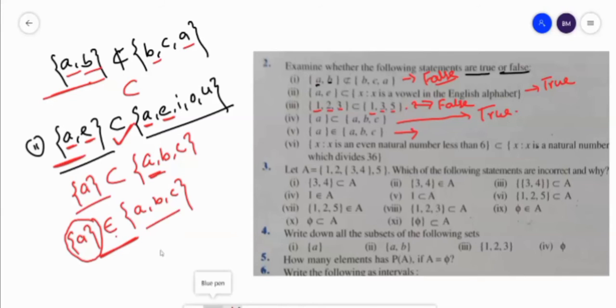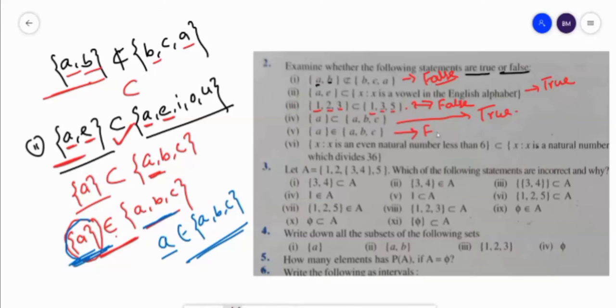If we write A belongs to {A, B, C}, then it is correct. But it is given the singleton set {A} belongs to this set, and there is no singleton set in this collection. This is a singleton set and this is an element. So that's why the statement number 5 is false. This is tricky because this is the subset sign and this is the belongs-to sign.